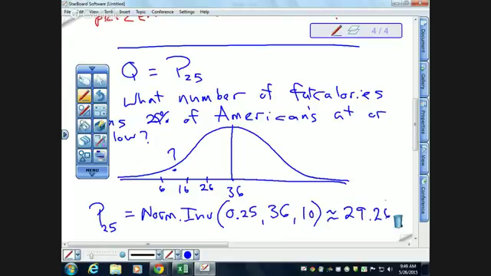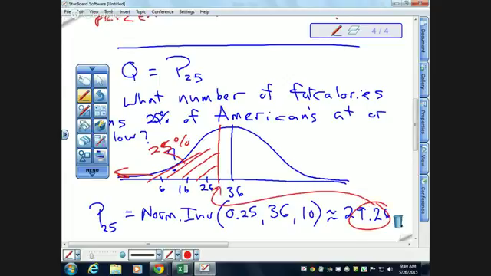So there's 26, there's 36. What's in the middle? Like 31, so 29 is maybe about there. So right about here has 25% of the data below this number.